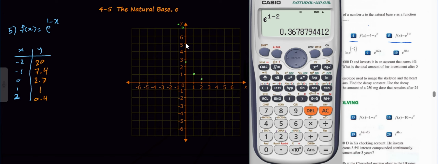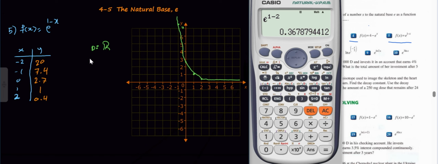So as you see, the graph goes like this. It will never cut 0. Okay, so we graph our function. So what about the domain? The domain will be R, the set of all real numbers, because x comes from negative infinity to positive infinity.